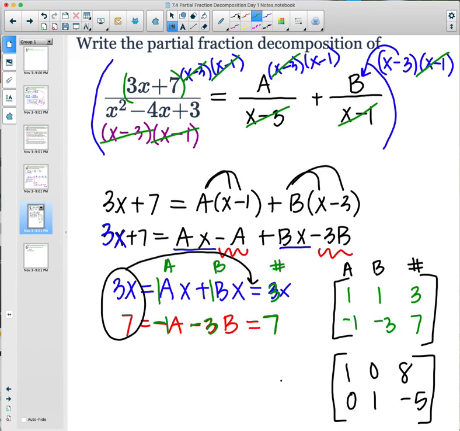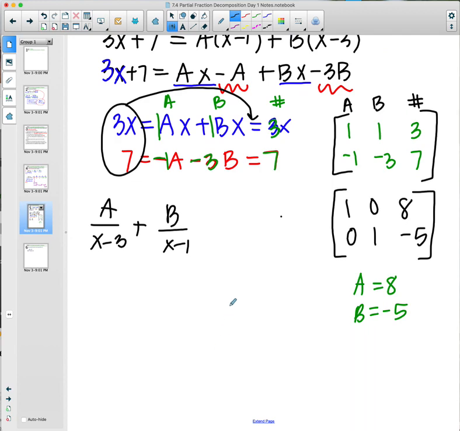So the partial fraction that we wrote said A over x minus 3 plus B over x minus 1, and now we can just plug these constants in. So now we have 8 over x minus 3, and then this B is negative 5.